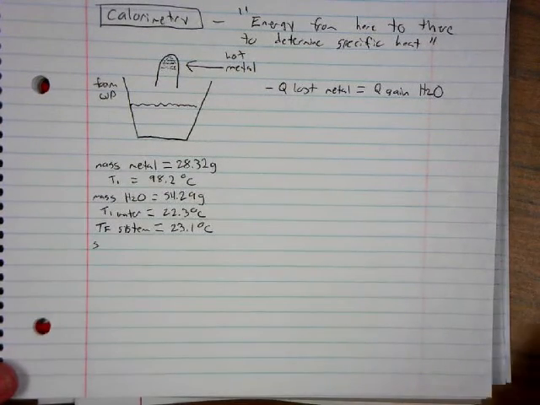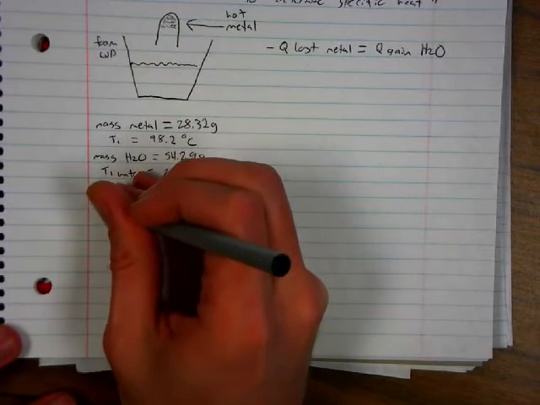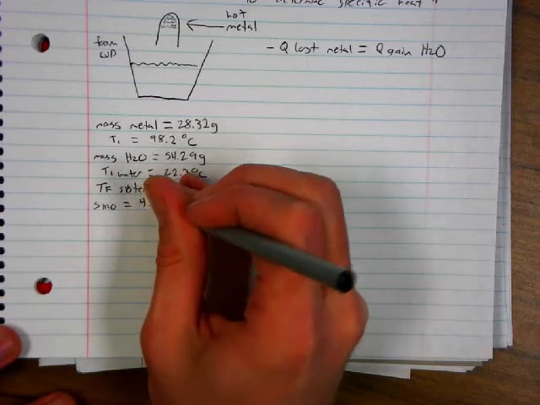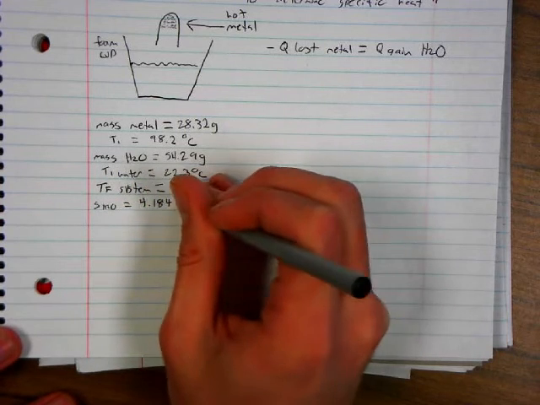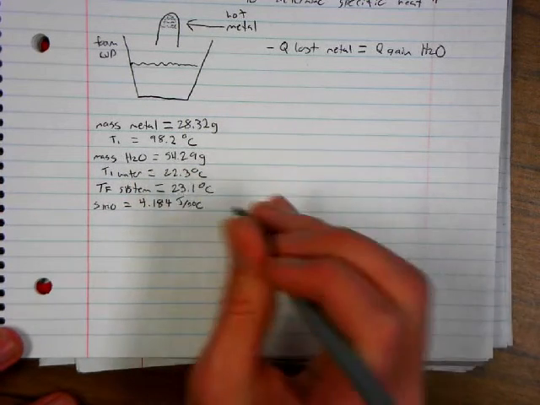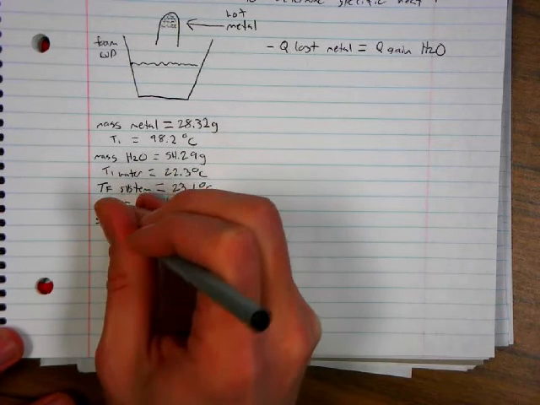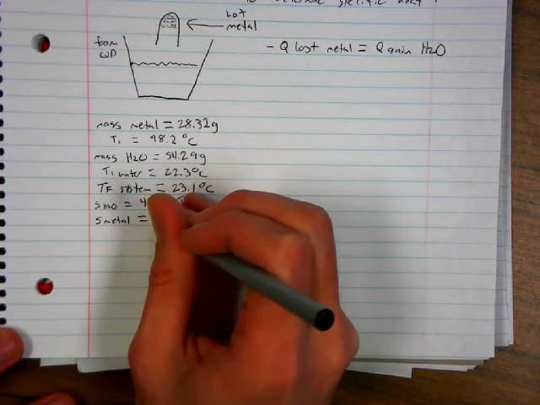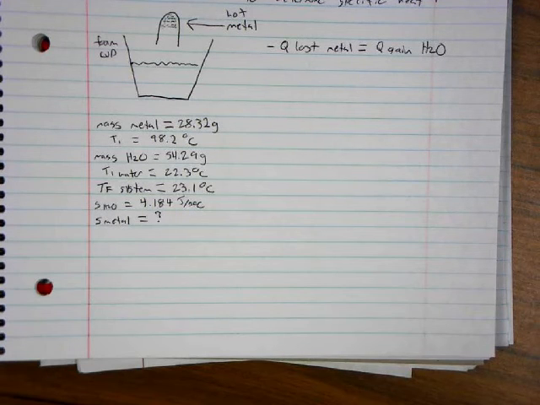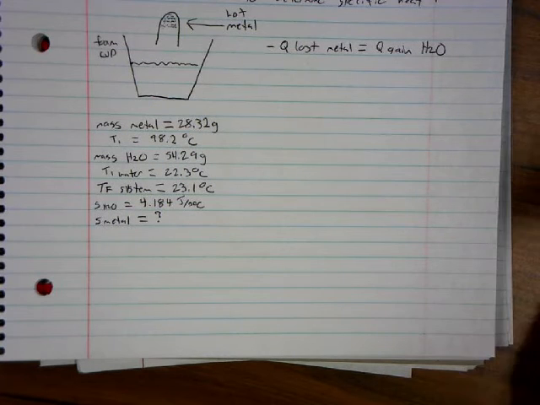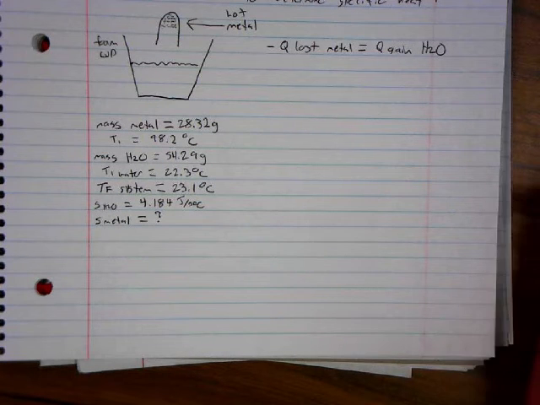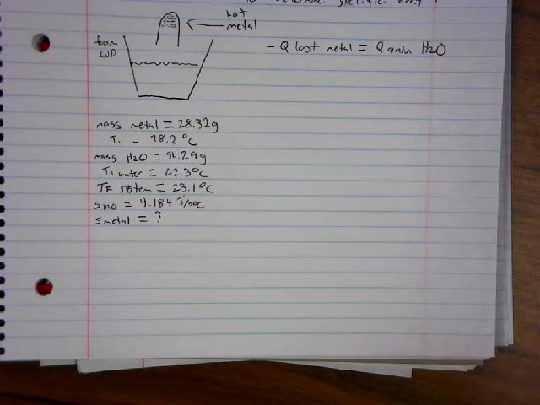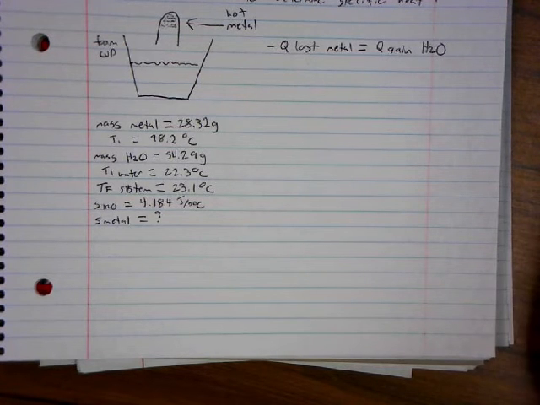We're going to say that's 23.1 degrees Celsius. We also know, what about water? Specific heat. S of H2O is equal to 4.184 joules over grams degrees Celsius. And I want to know, what is the specific heat of the metal? This is what we're going to be doing tomorrow.